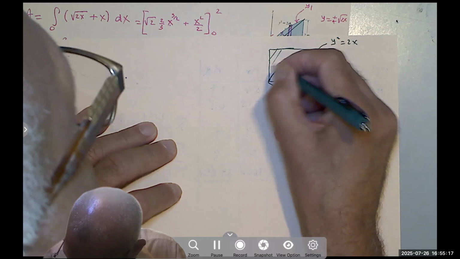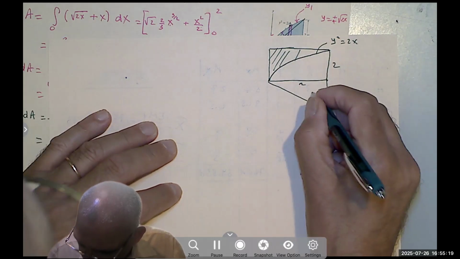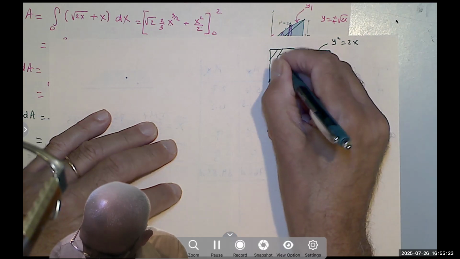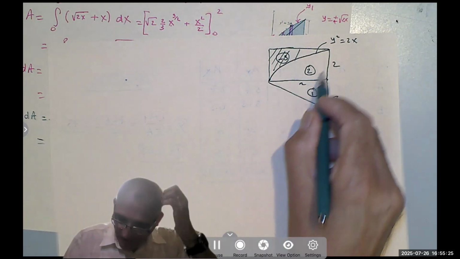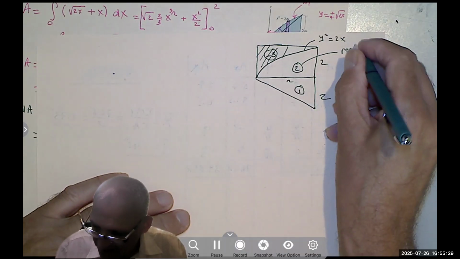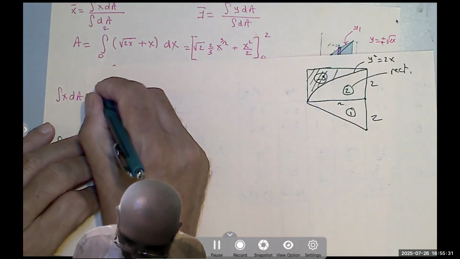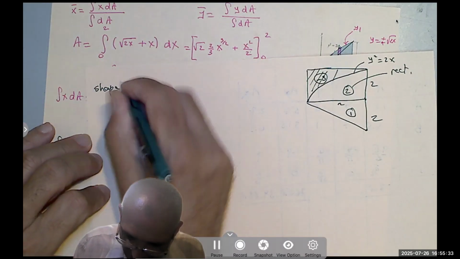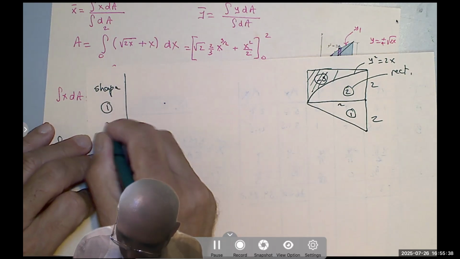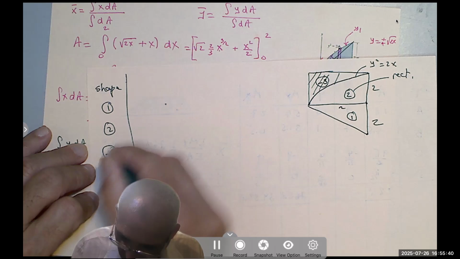And then I cut from it this side. So I'm going to call this 1. This is 2, and that's -3. 2 is the whole rectangle, okay? So this is the rectangle. So like we did before in the first example, I'm going to say shape 1, 2, -3.